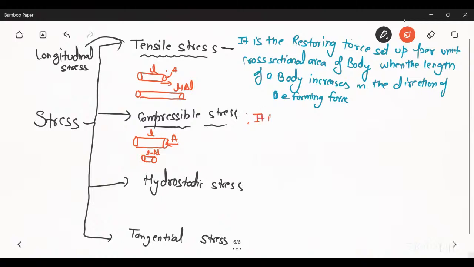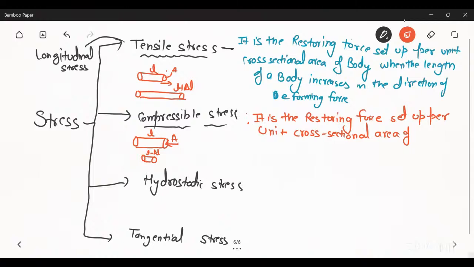So it is the restoring force set up per unit cross sectional area of body when its length decreases under a deforming force.